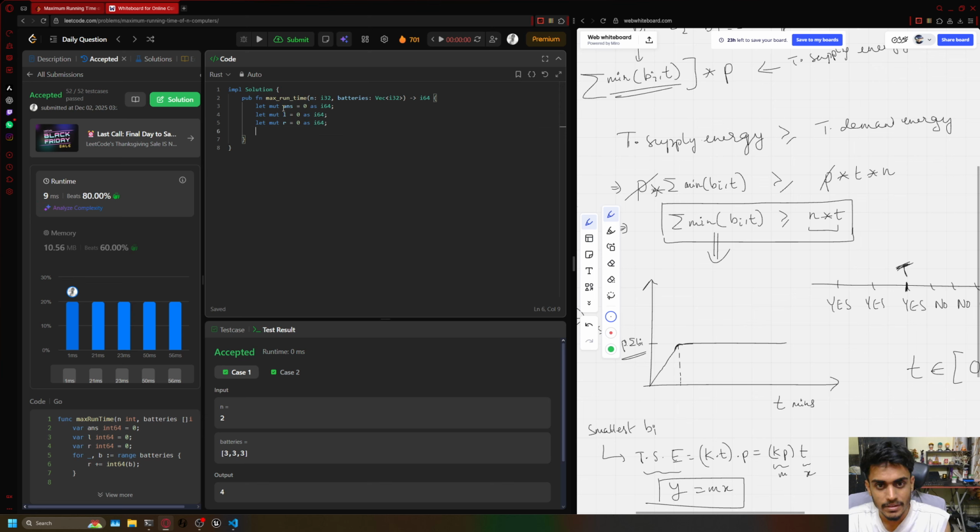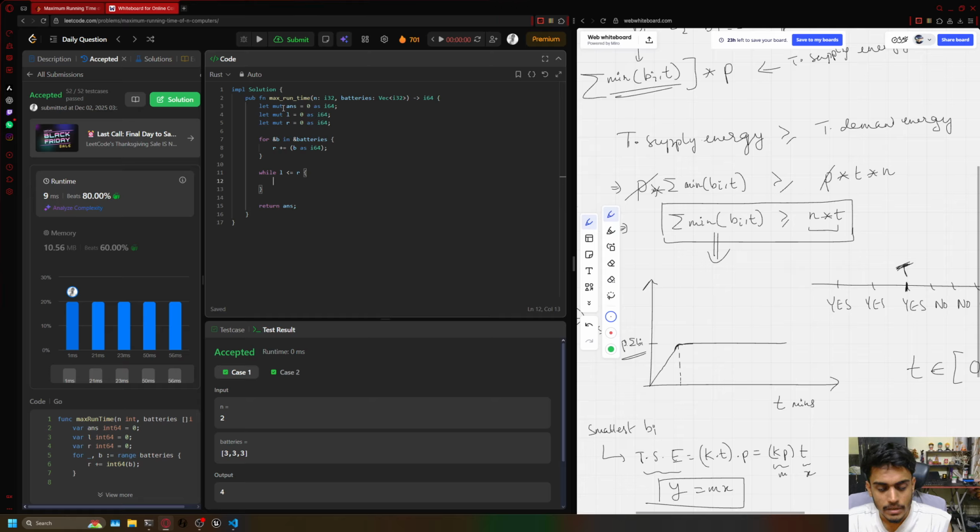So first I will initialize it as i64. Then for battery in my batteries, r plus equals b as i64. Then I will do the binary search on r, and finally I will return my ans.